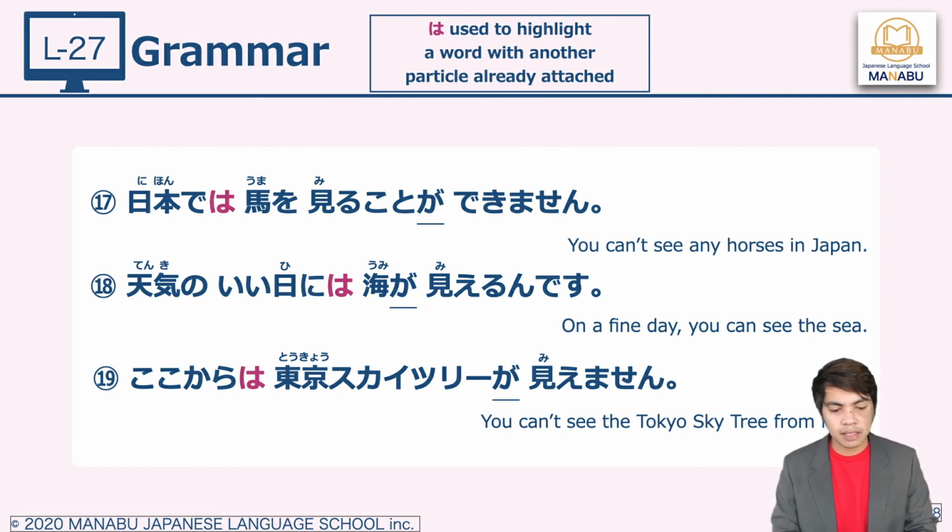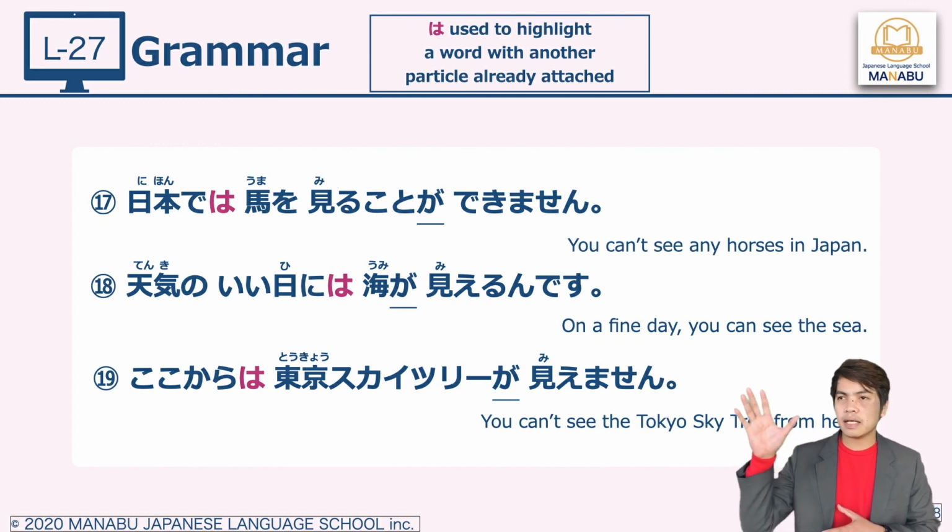So, example number 19. ここからは東京スカイツリーが見えません。So, ここから means from here. Tokyo Sky Tree ga miemasen. The Tokyo Sky Tree is not visible from here, or you can't see the Tokyo Sky Tree from here.